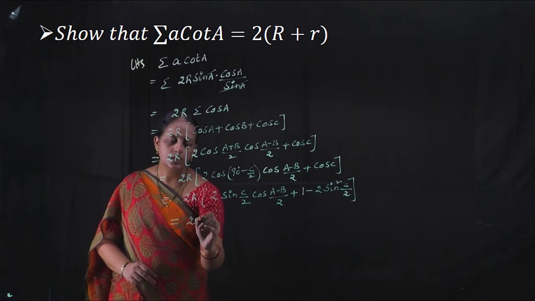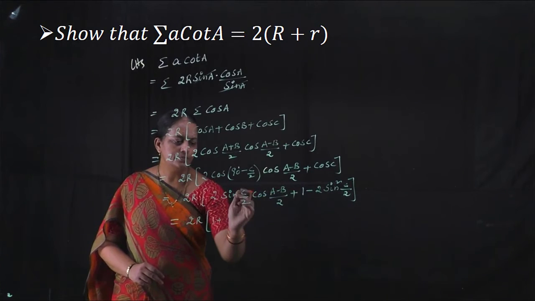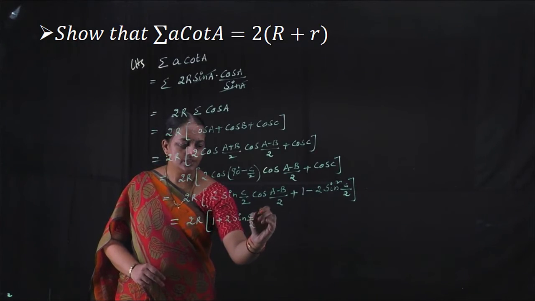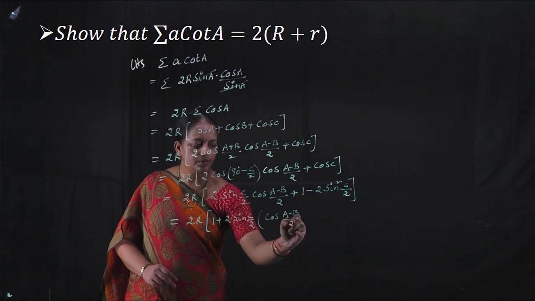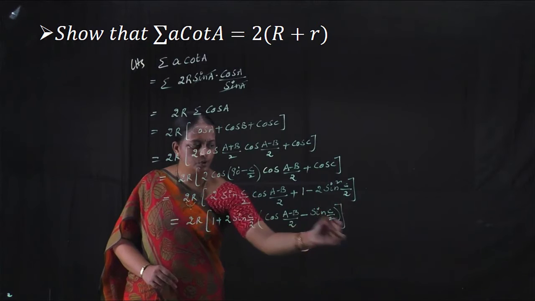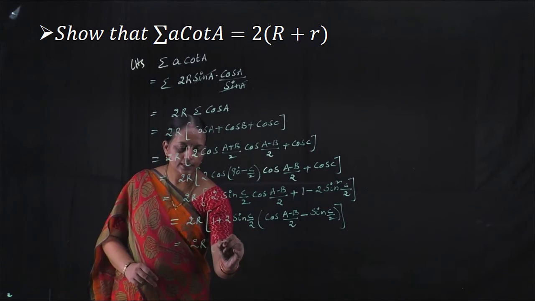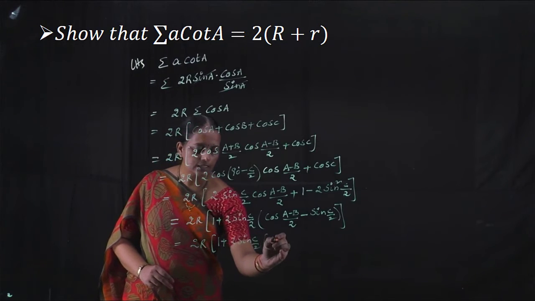Okay, this is equal to 2r into 1 plus, from these two terms we can take 2 sin C by 2 as common. So 2 sin C by 2 into cos of A minus B by 2 minus sin C by 2.